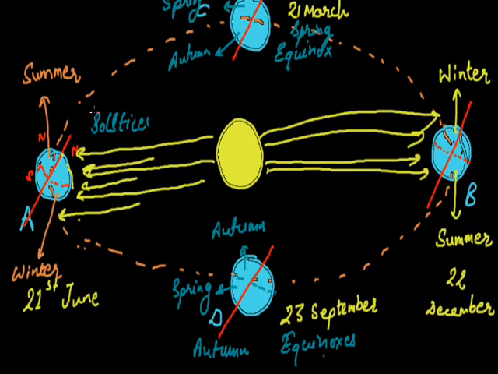And this solstice is the summer solstice, and this solstice here is the winter solstice. So this is the reason for the formation of seasons, and just because of it we get 4 seasons on earth: summer, winter, spring and autumn.